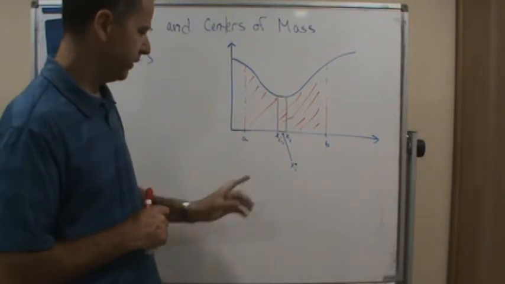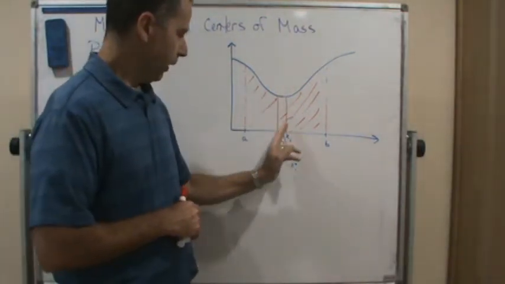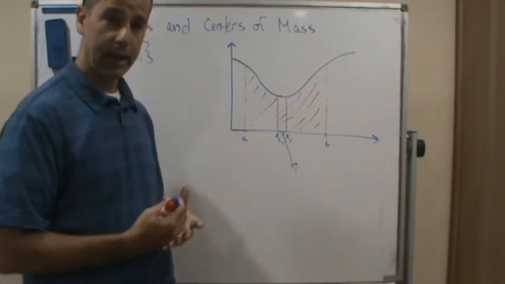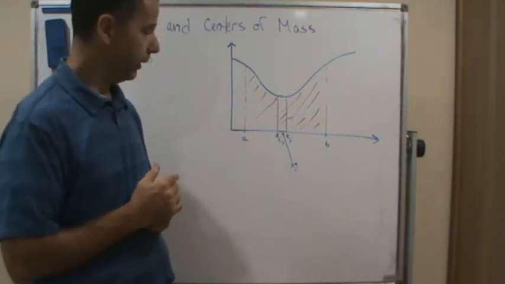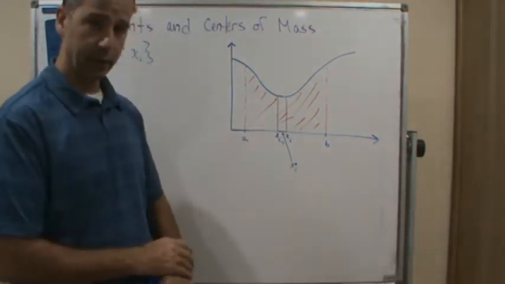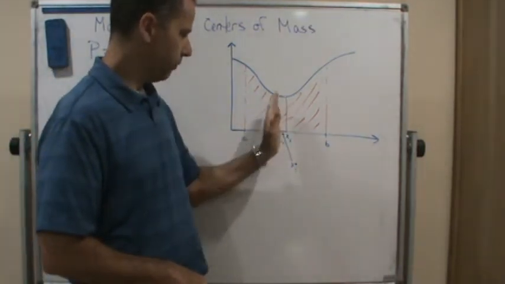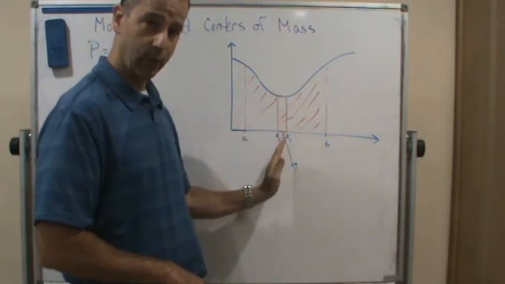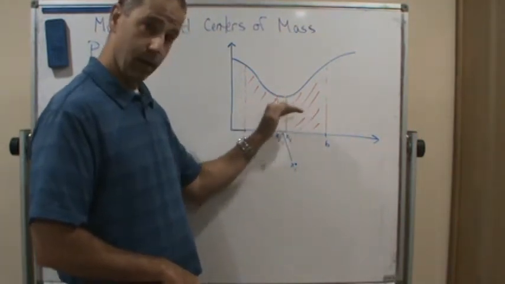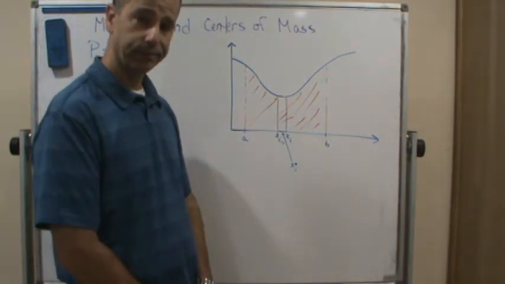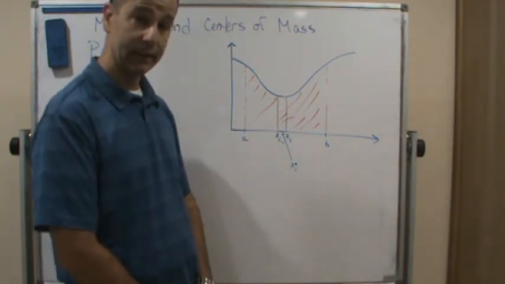Now, keep in mind that since we're dealing with a rectangle here, the information from the previous video applies. So remember, where is the centroid of a rectangle? The centroid of a rectangle is right where the midpoint lines of the height and the base intersect.